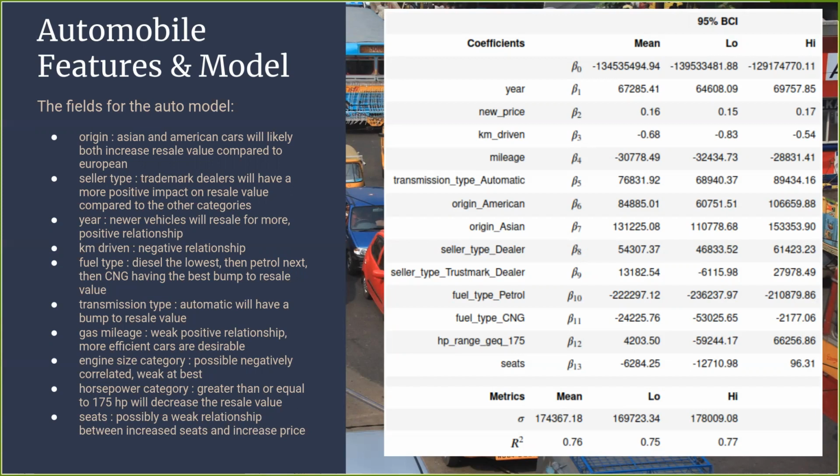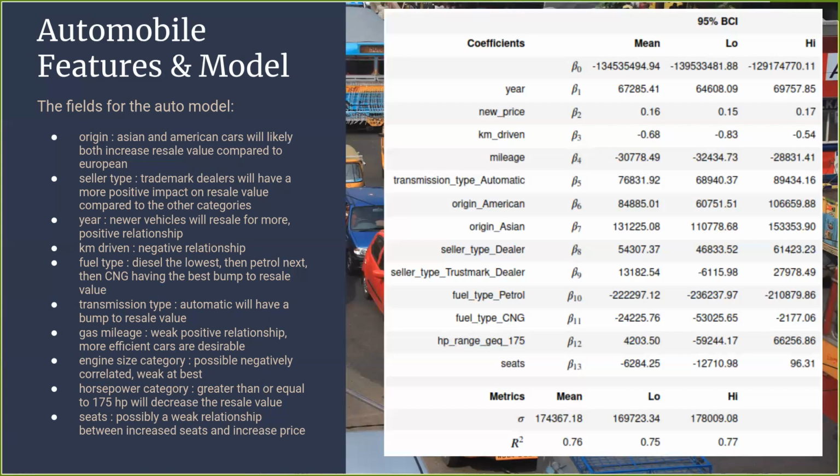And then looking at fuel type, we expected that petrol and compressed natural gas would actually give a bump in resale value versus diesel fuel. This being that petrol is a bit cheaper, easier to find, and compressed natural gas being a unique feature for vehicles likely would help resale value. And then we also thought that vehicles with a horsepower greater than or equal to 175 would possibly decrease the value.